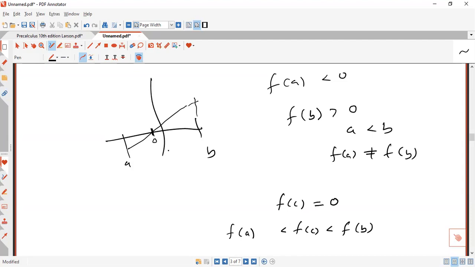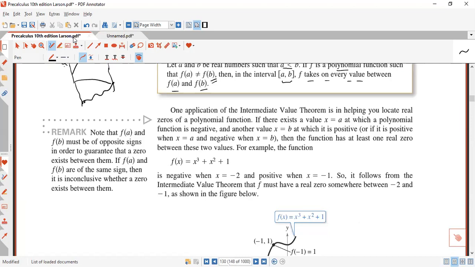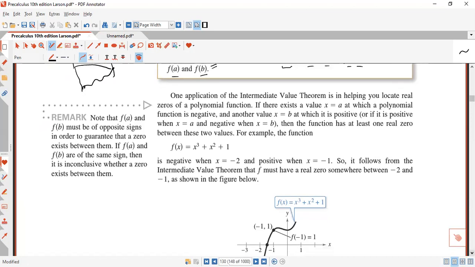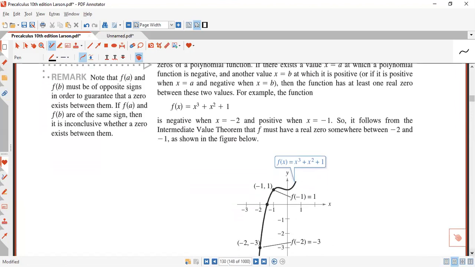Okay. So this is related to the intermediate value theorem. You already knew this before, but now the theorem is giving you more authentication, and you may use it now without hesitation.